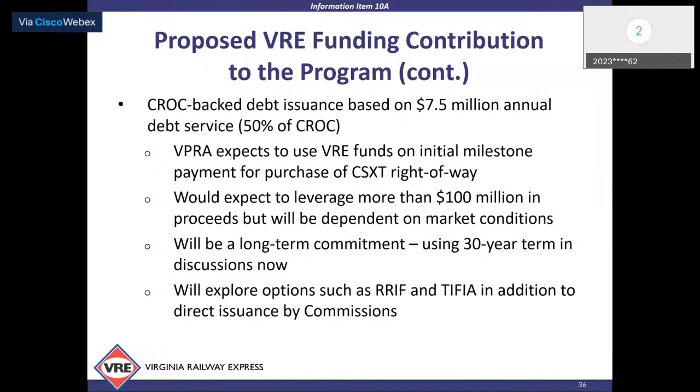So the debt piece of this is obviously the more complicated piece. The commitment that we have landed on is that half of the CROC, $7.5 million a year, would be committed to debt. This is well within that 2/3 statutory maximum. This is a little bit the reverse of how you might normally approach a municipal debt issuance.